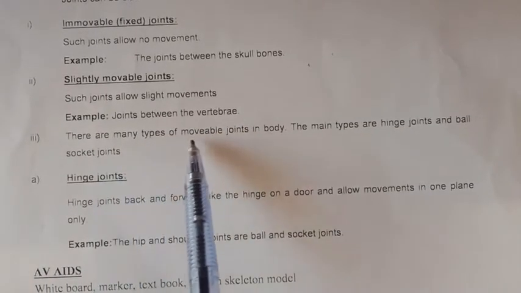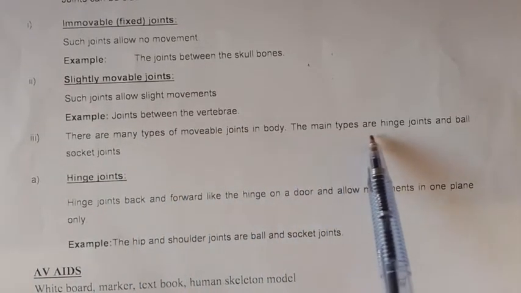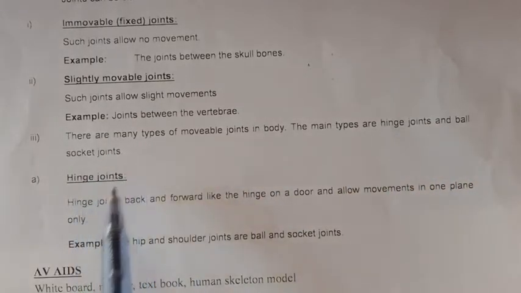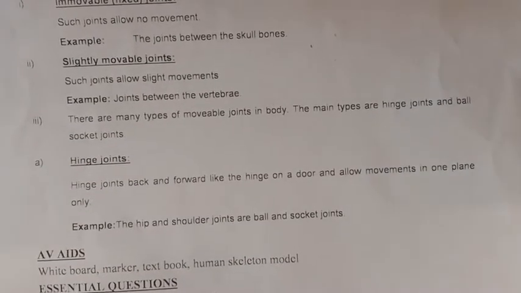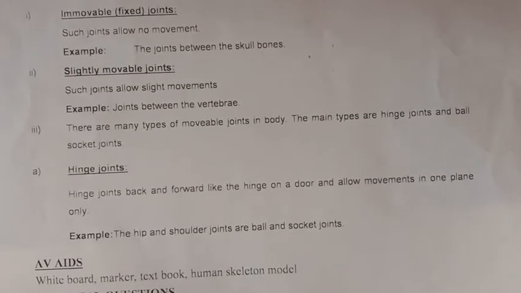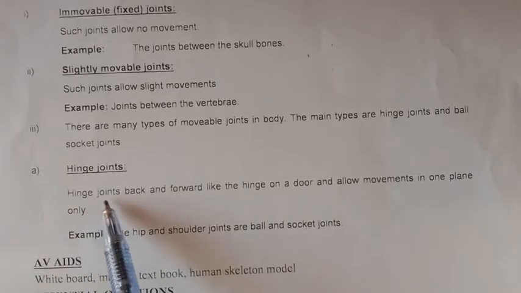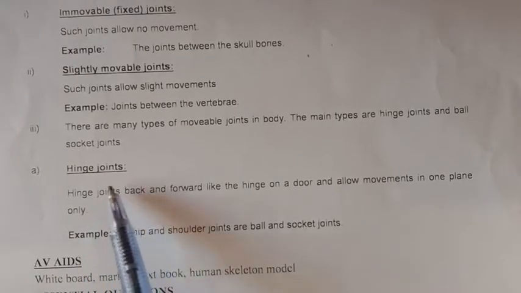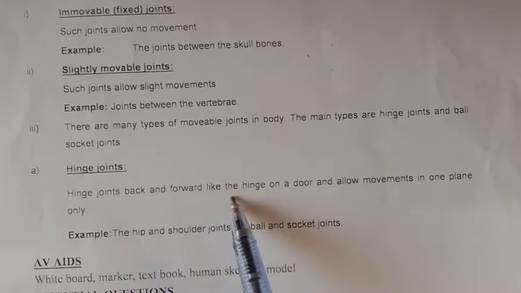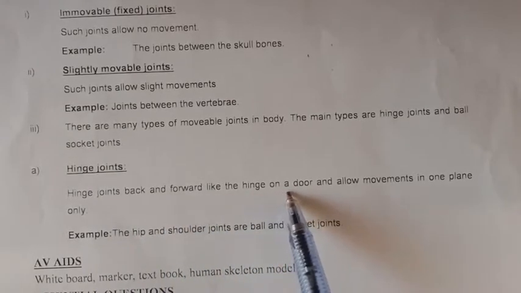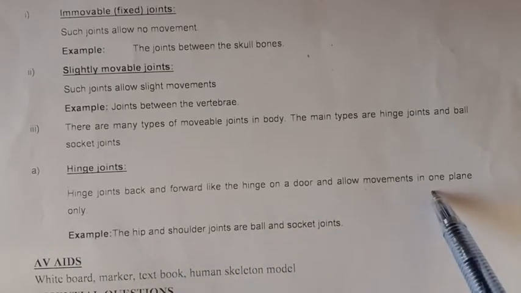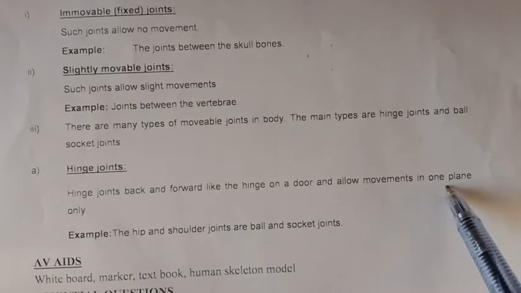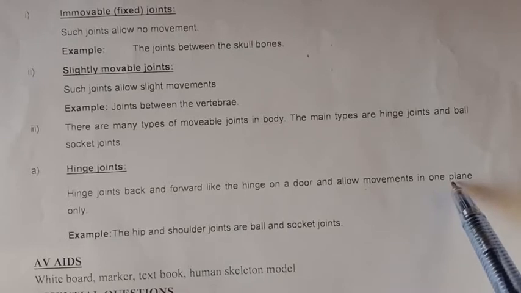There are many types of movable joints in the body. The main types are hinge joints and ball and socket joints. Both are examples of freely movable joints. Hinge joints move back and forward like the hinge on a door and allow movement in one plane only, forward and backward.